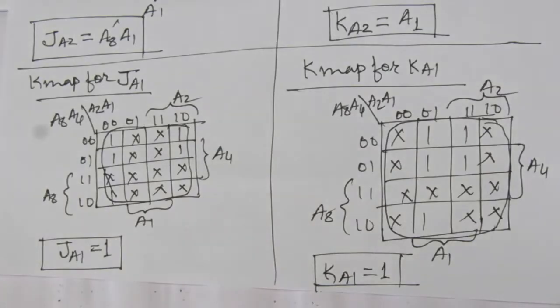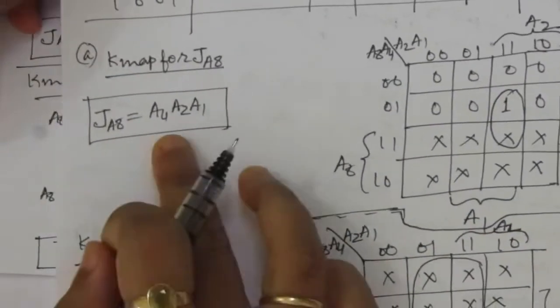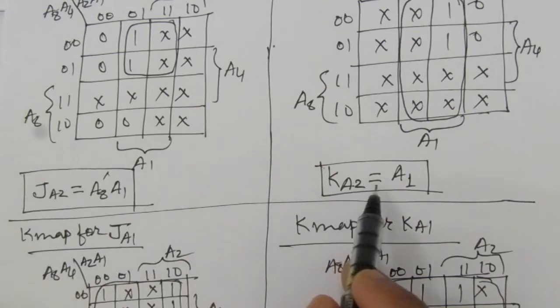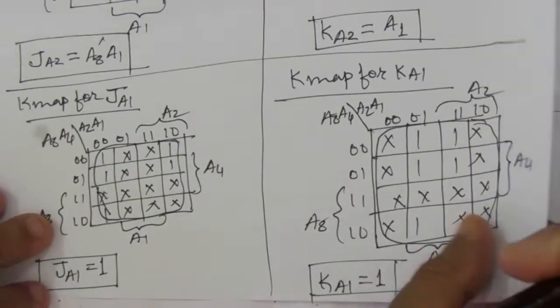Now we have got the expressions for JA8, KA8, then we have found JA4, KA4, then JA2, KA2, JA1 and KA1. So we have got the expressions for all the 4 flip-flops.